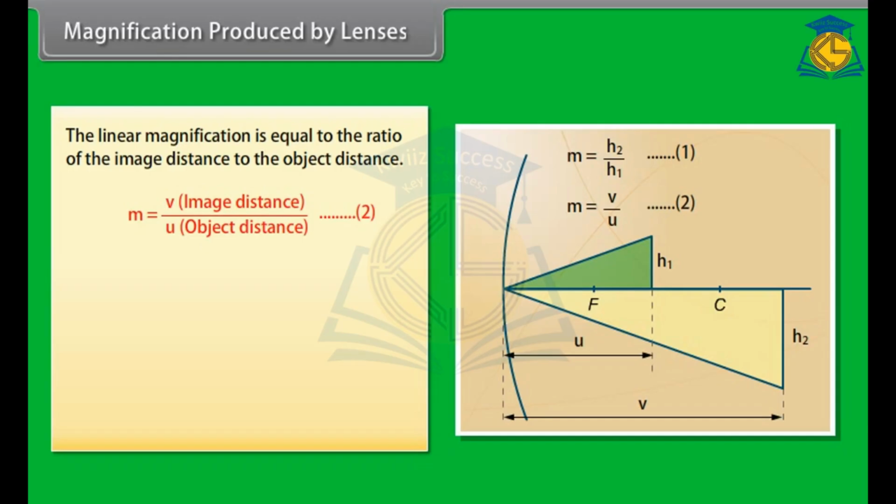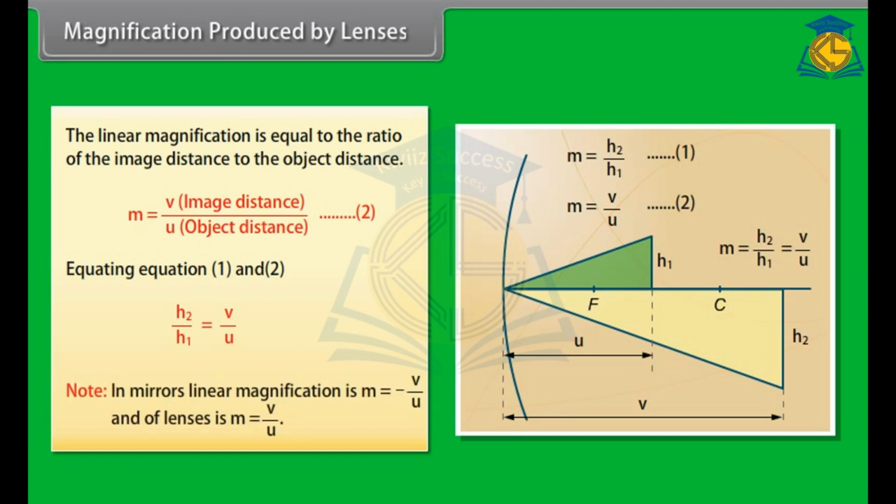M is equal to v, image distance, upon u, object distance, which is equation 2. Equating equation 1 and 2, h2 upon h1 is equal to v upon u. Note, in mirrors, linear magnification is M is equal to minus v upon u, and for lenses, M is equal to v upon u.